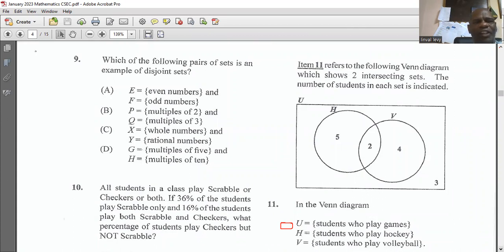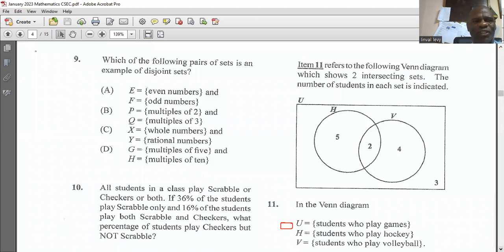It says, which of the following pairs of sets is an example of disjoint sets? Now, disjoint sets mean that there are no common elements between two sets, all right? So they are disjointed. If you were to draw a Venn diagram, there would be no overlap, because none of the elements are common to both sets.